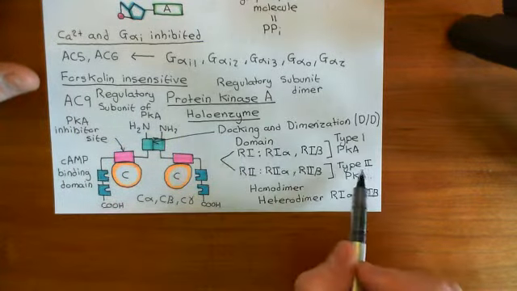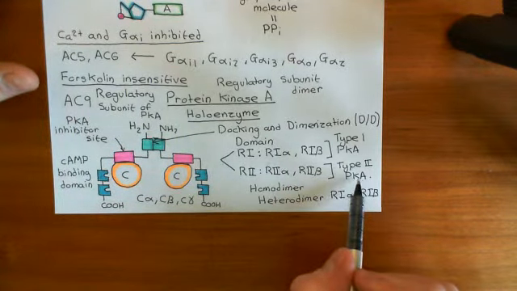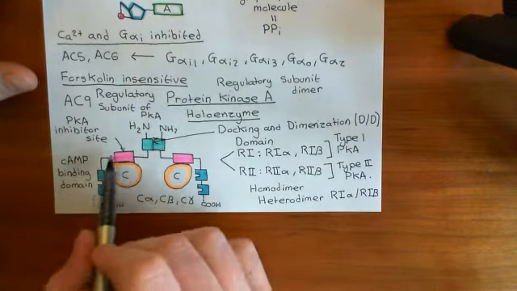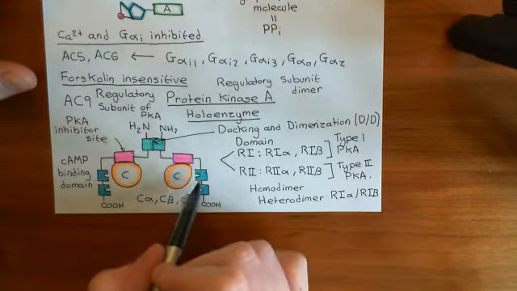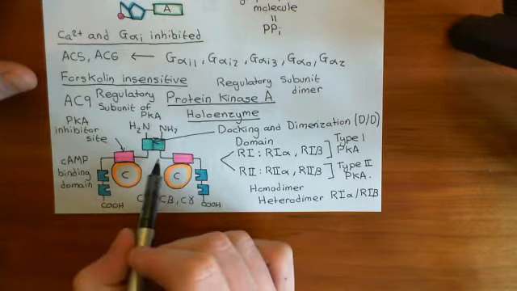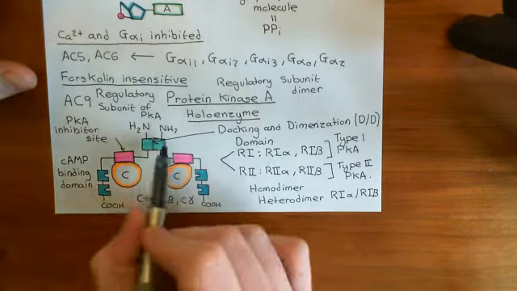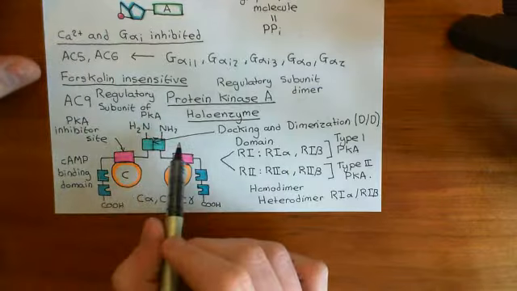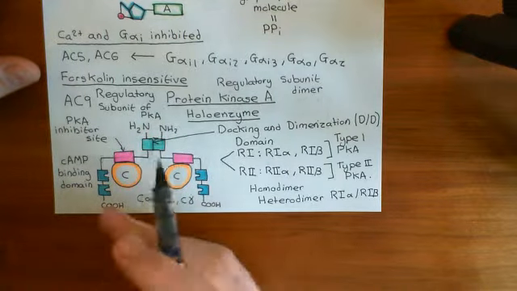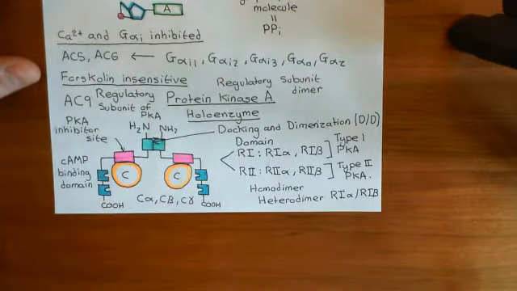Whereas if you have a type 2 protein kinase A holoenzyme, which means that the regulatory subunits which make up the regulatory subunit dimer are type 2 regulatory subunits, then these are generally bound to the underside of membranes, mainly the cell membrane, but they're also attached to other membranes, such as the membranes of the intracellular organelles.